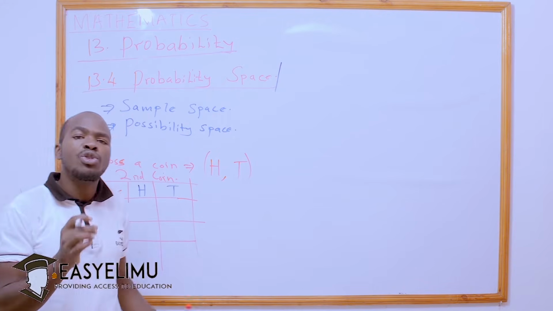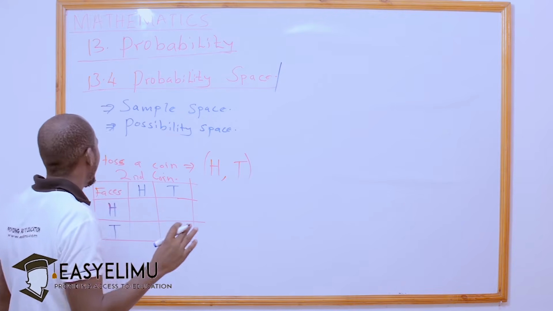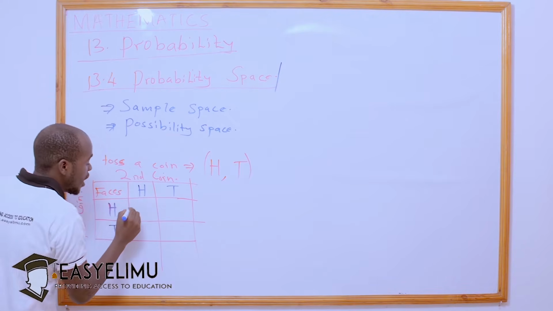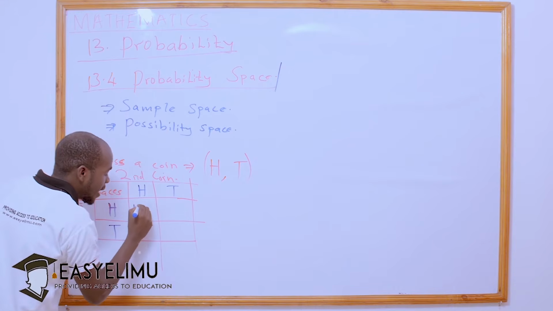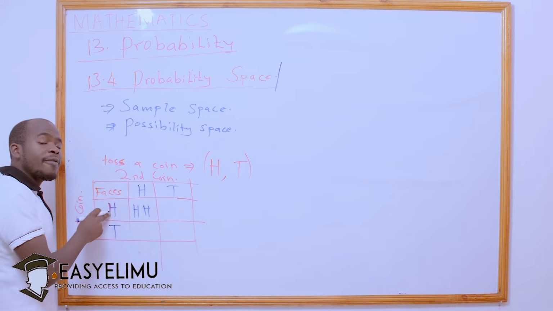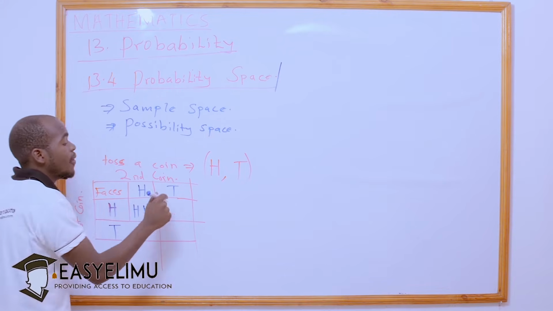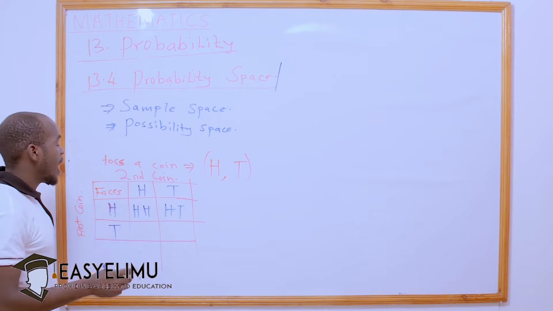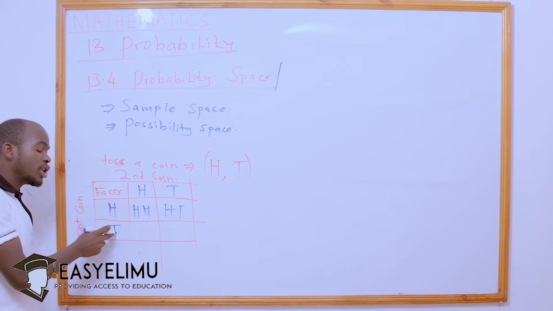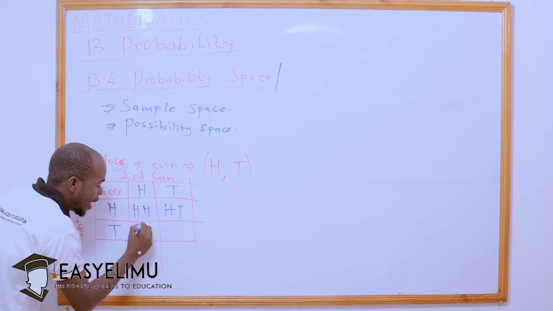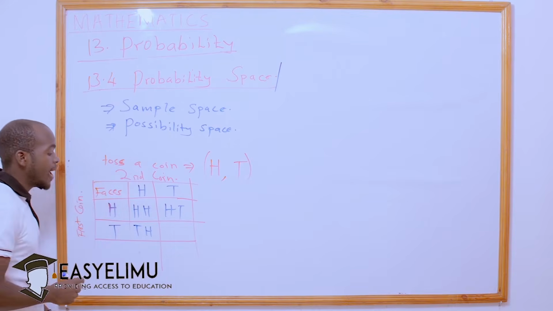But if we toss them together, you will either get a head and the other coin also shows a head, or the first coin shows a head and the other one shows a tail. Or the other way may happen: if the first coin shows a tail, the second coin may show a head, such that you will have tail, head.